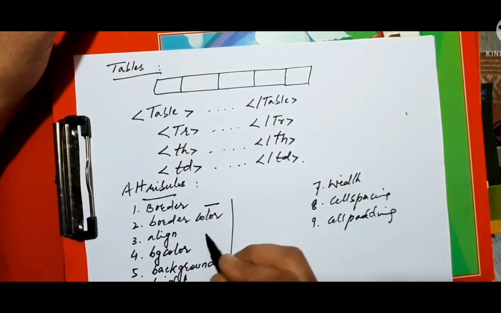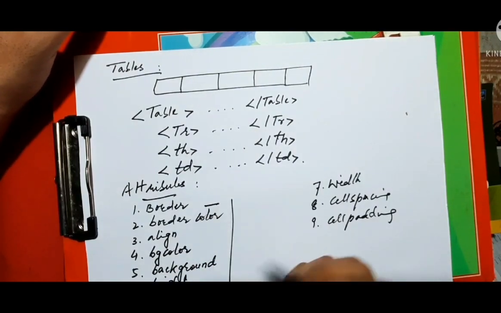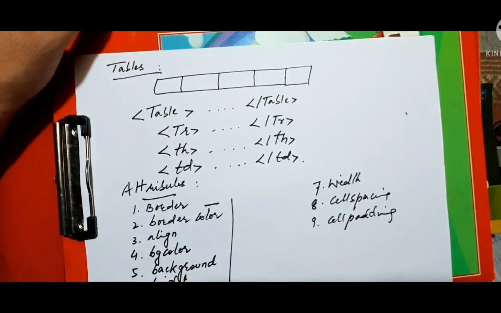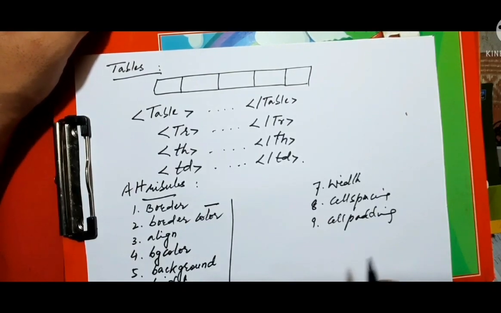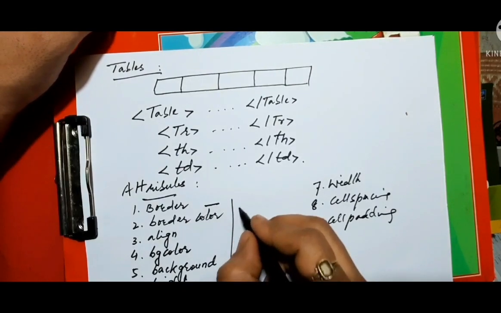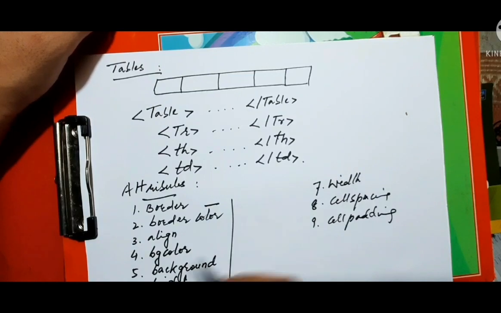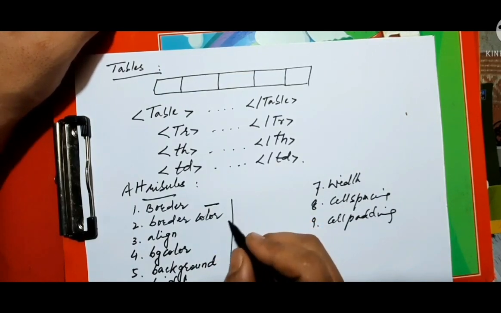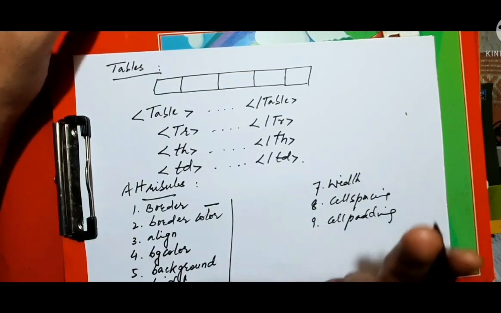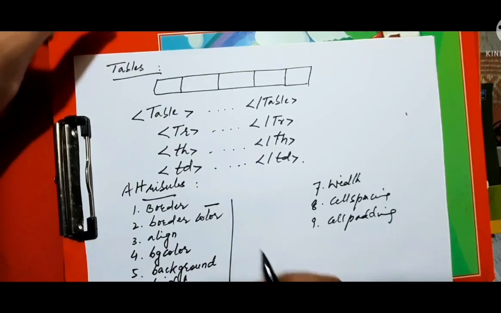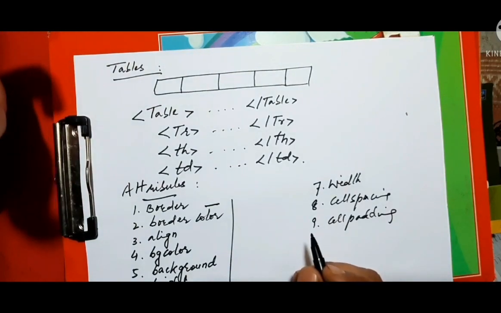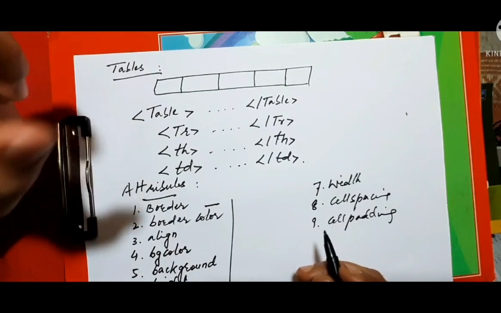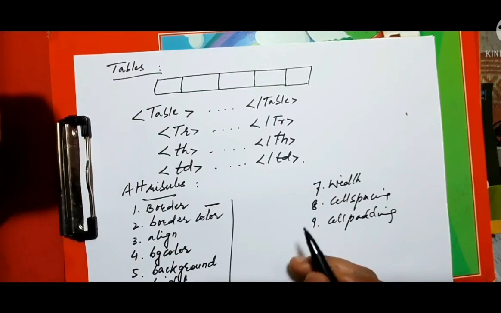First is the border attribute. All these attributes are used in the table tag. Now first is the border attribute. The value specified in the border attribute is a number which specifies the width of the line.